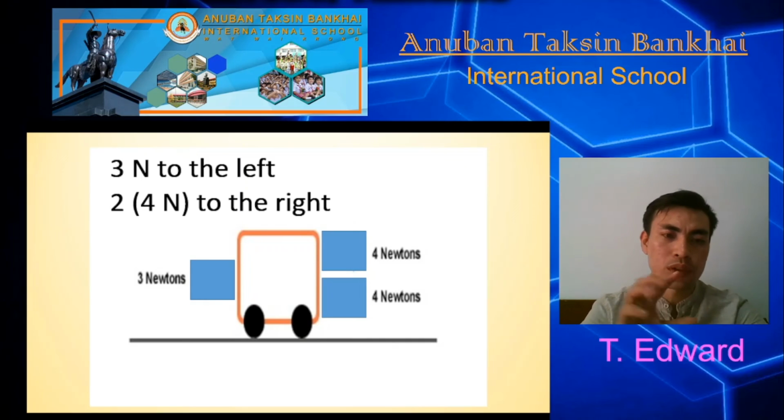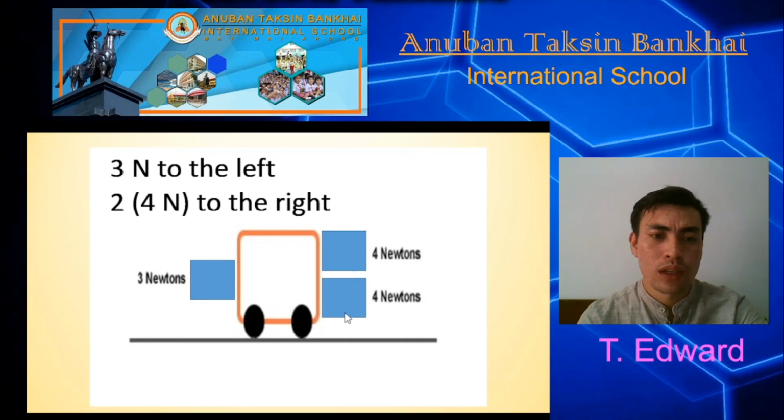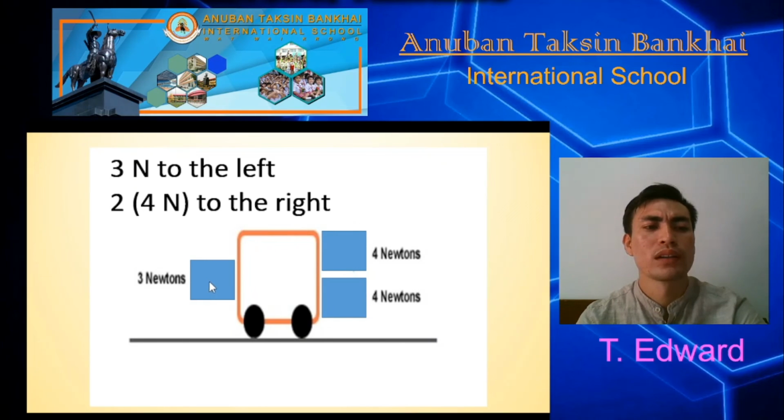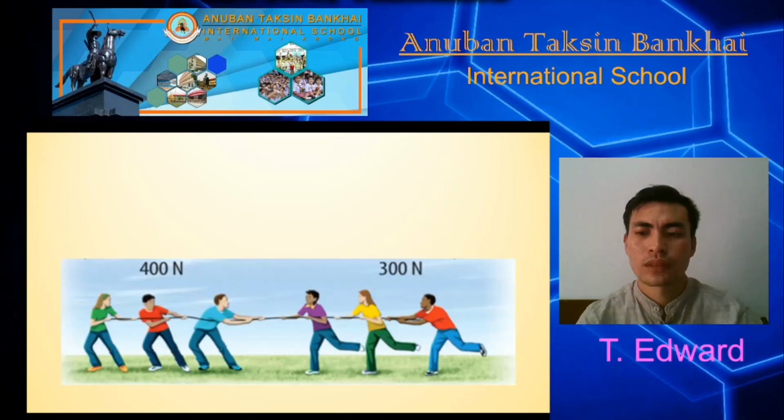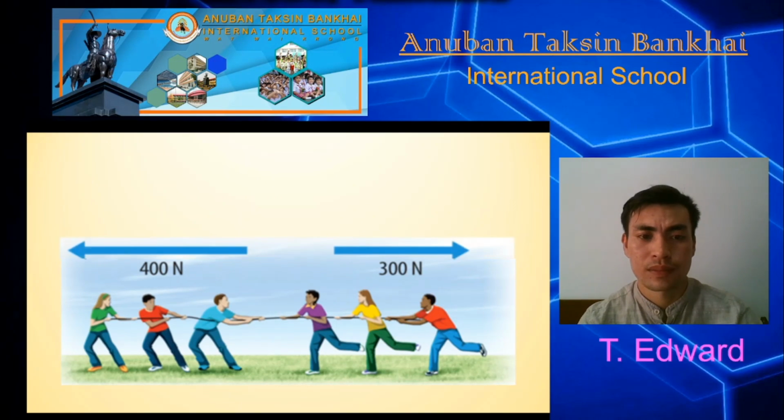So I put the 3 blue squares here, so that I will not reveal the answers on how long these arrows are. For our last example, we have 400 Newton to the right and 300 Newton to the left. So the answer here should be like this.